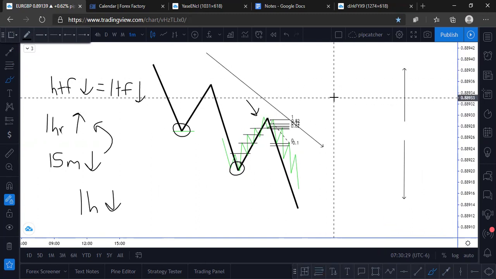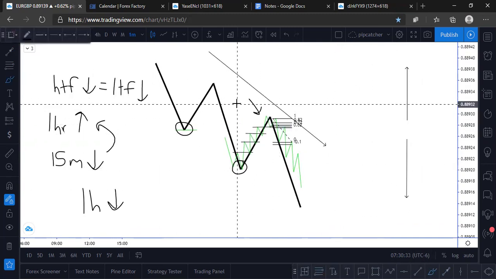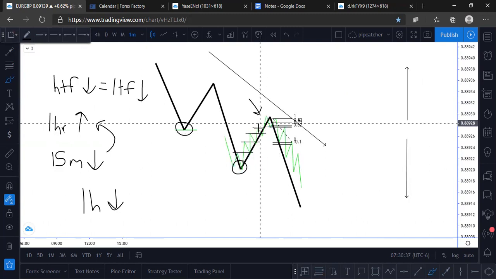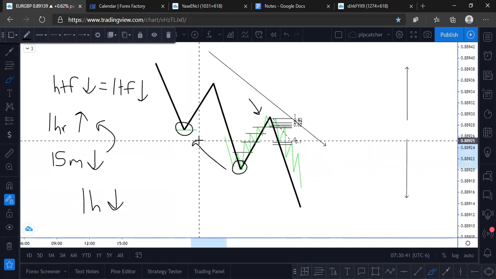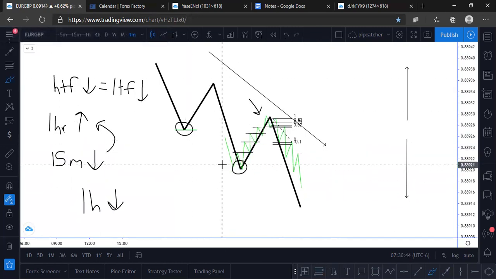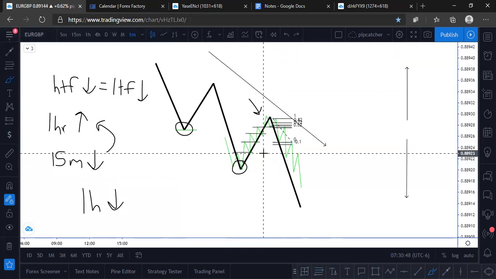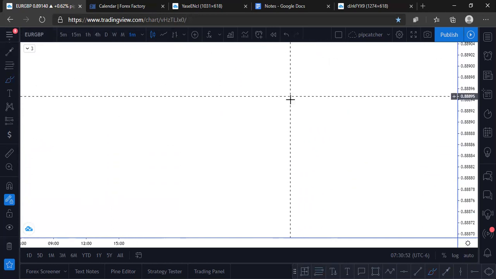Also, another thing to throw in on this: don't ever look for a retracement if there isn't a break in structure, right? Like right here. Don't ever look for a retracement if there isn't a break in structure, because then you'll be going like this.